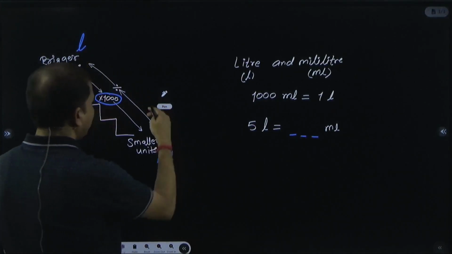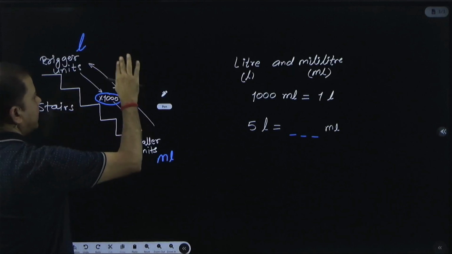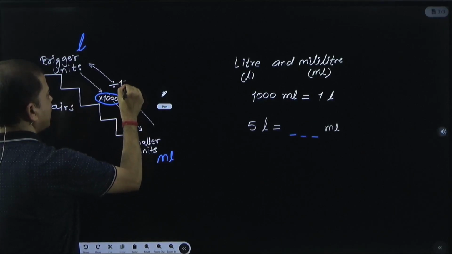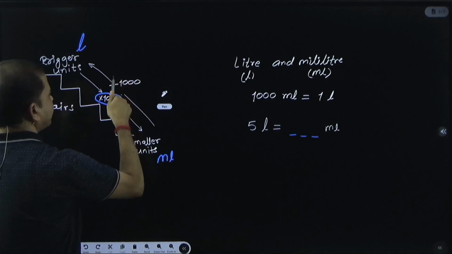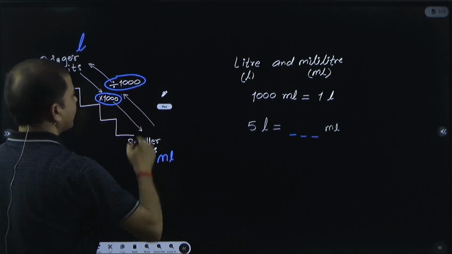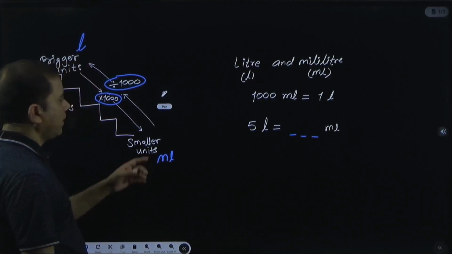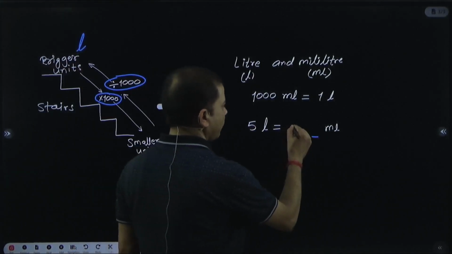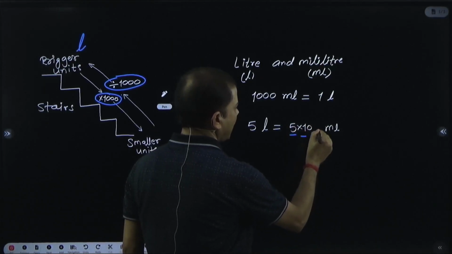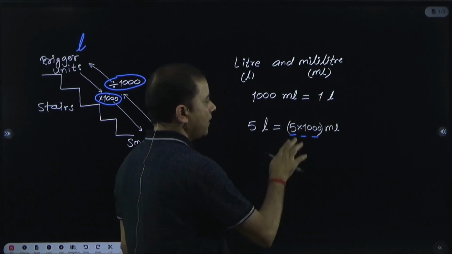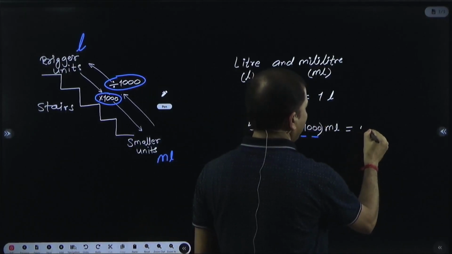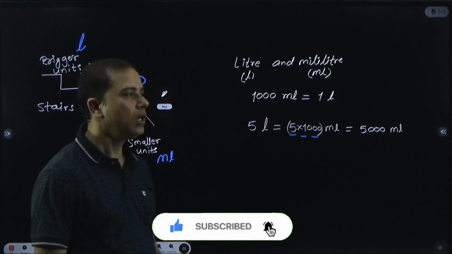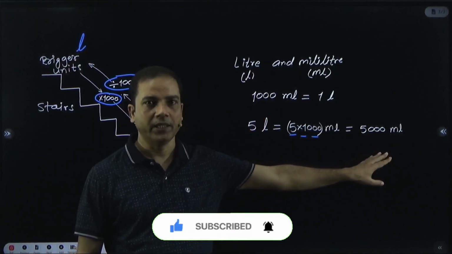And if you want to change milliliter to liter, you will divide by the same number, 1000. Now the number we have here is 5 and we need to multiply with 1000. So 5 multiplied with 1000 is 5000 milliliter.